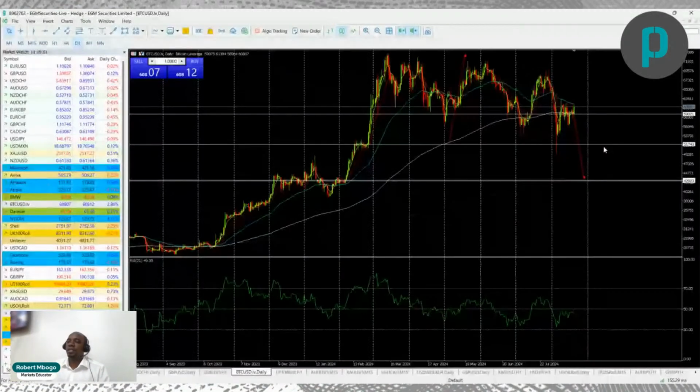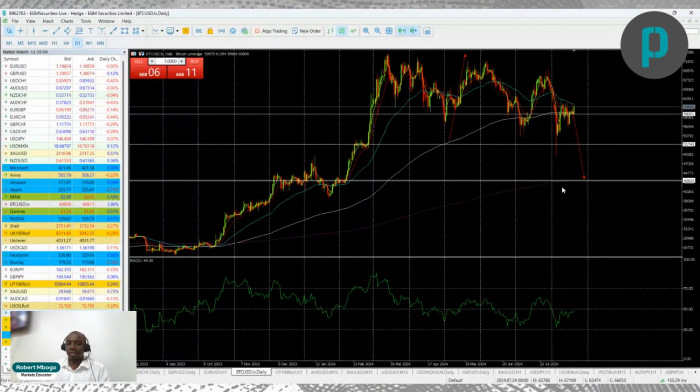Remember the analysis that I've been looking out for. The first dip was this one. I was looking for a bullish stance, and then of course we've seen what Bitcoin is doing. But in all honesty, I'm still bearish on Bitcoin.